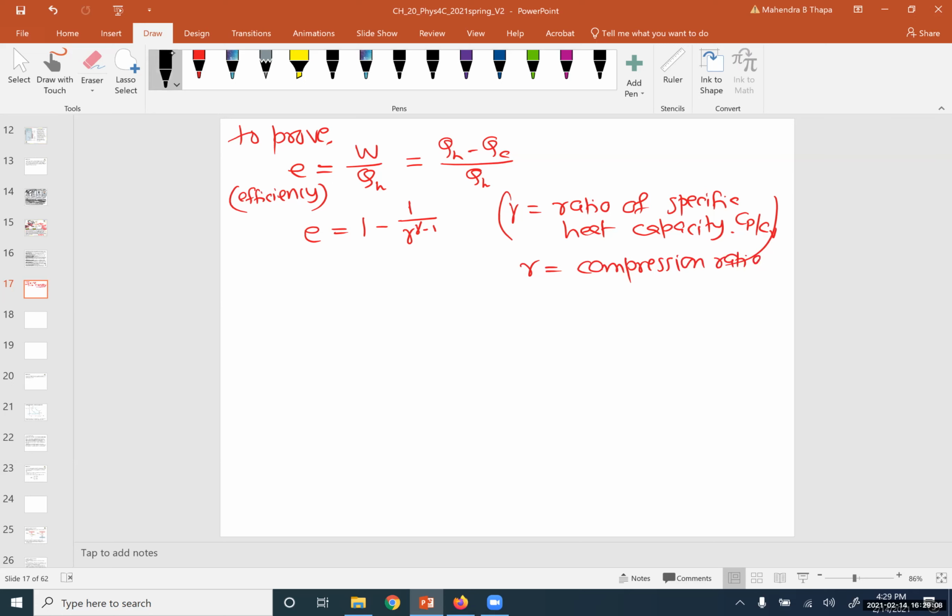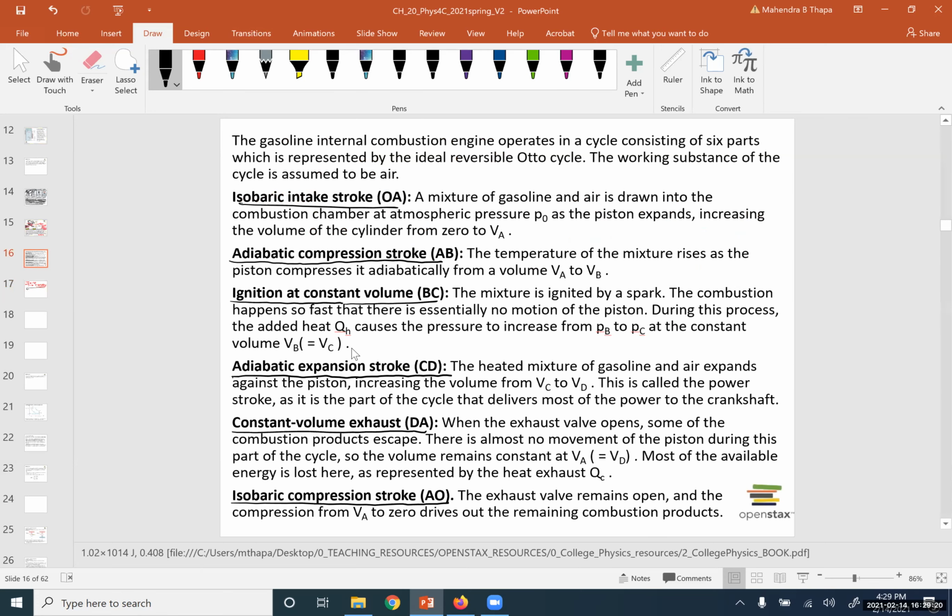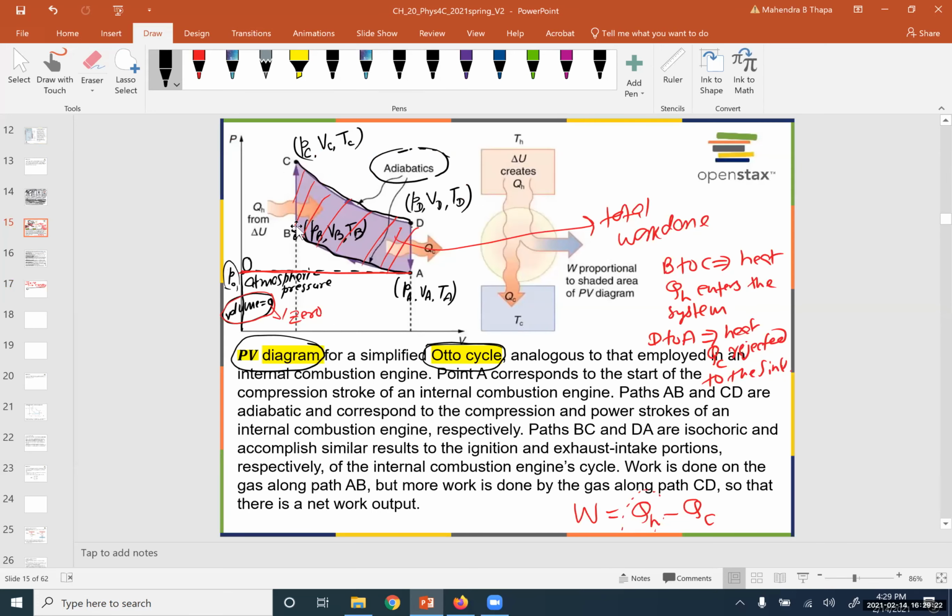Let's start how we do this math. QH is the heat supplied to the engine. Let's check the picture. This happens in the step B to C, so it happens at constant volume.